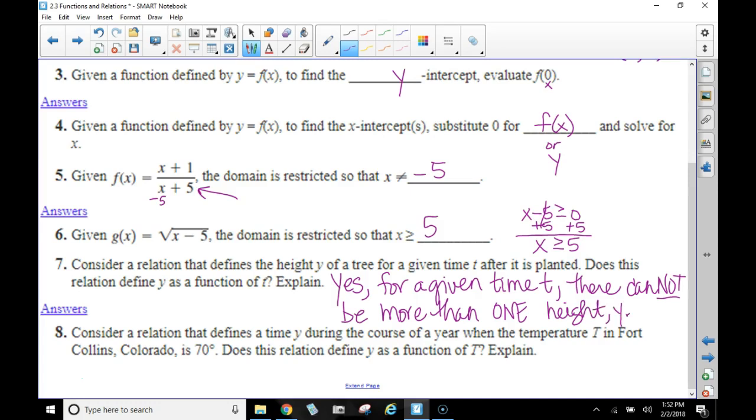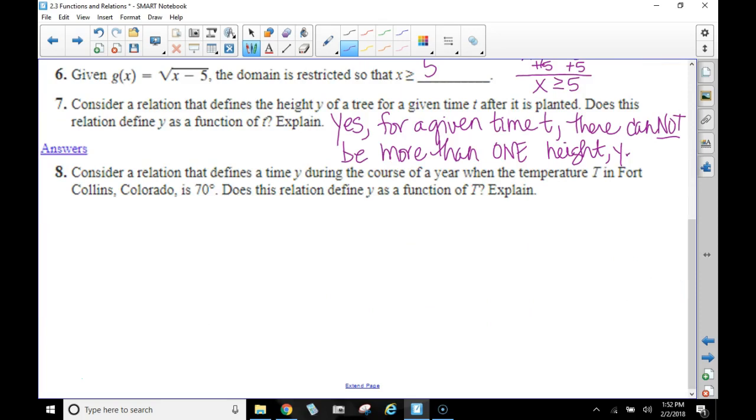On number 8, it says consider a relation that defines a time y during the course of a year when the temperature T in Fort Collins, Colorado is 70 degrees. Does this relation define y as a function of T? So what we want to know is are there different times throughout the year in Fort Collins, Colorado when the temperature reaches 70 degrees?